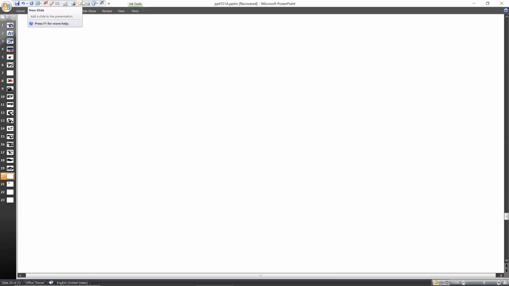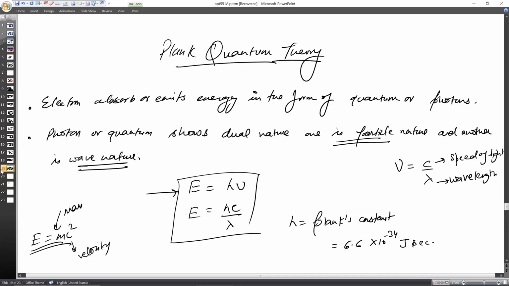Next, the same energy can be asked in joules or in electron volts. Sometimes the energy is asked in different forms, so there is a formula for each of them.